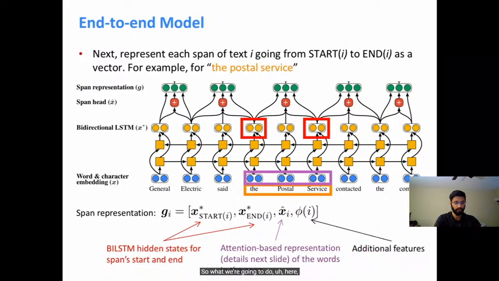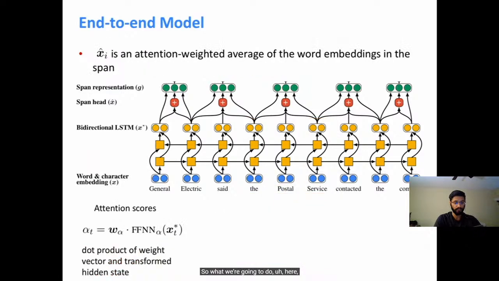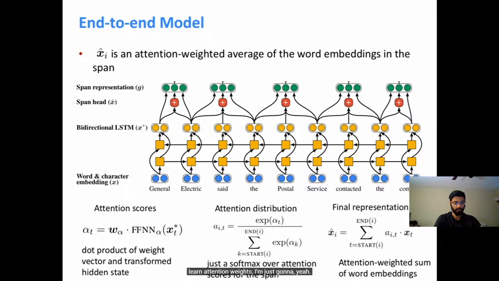So what we're going to do is learn attention weights. For this span, based on the ends of the span, we learn which words to pay how much attention to.